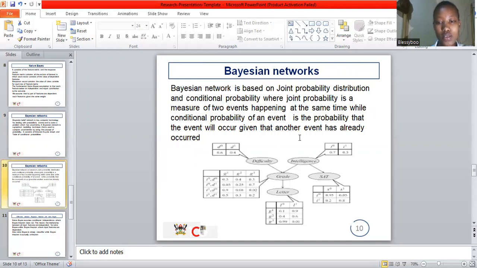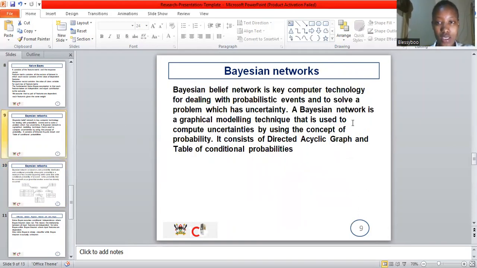Bayesian networks basically consist of nodes and links, and the links show what is directly dependent on the other. Like here we said, to solve a problem which has uncertainties. For example, here in my project, the uncertainty we have is price. But how can Bayesian networks solve that?